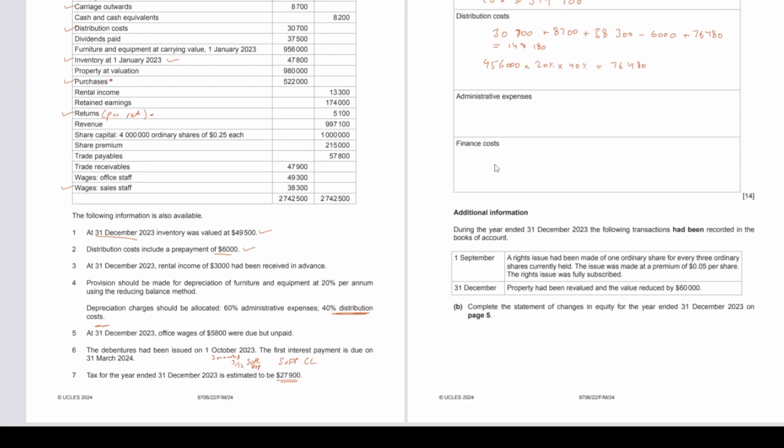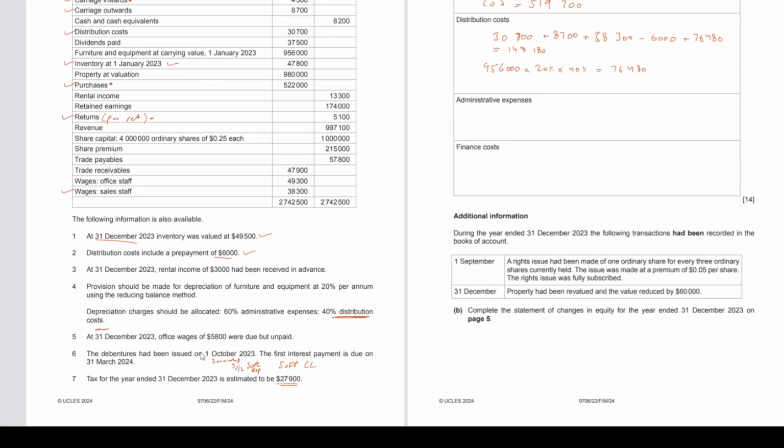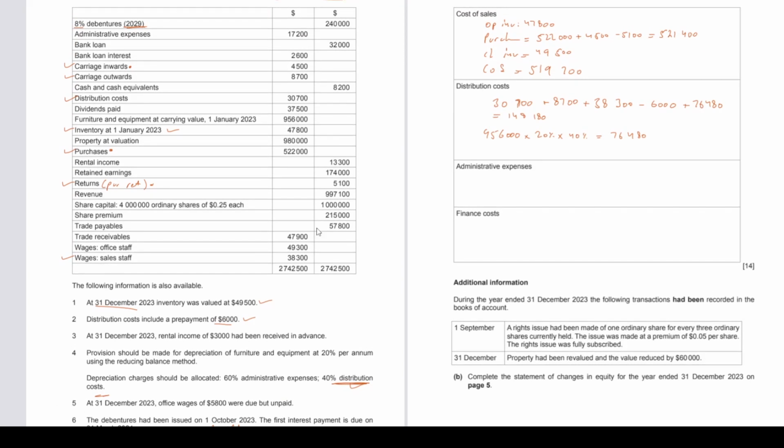Now moving on to administrative expenses, starting with what we have: 17,200, and then we have, that's finance cost. That's income.